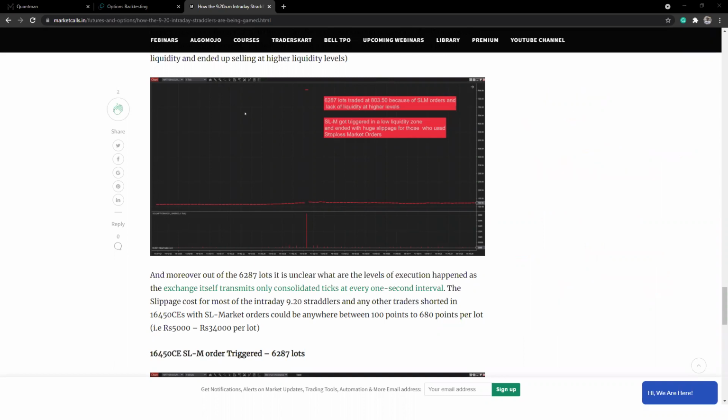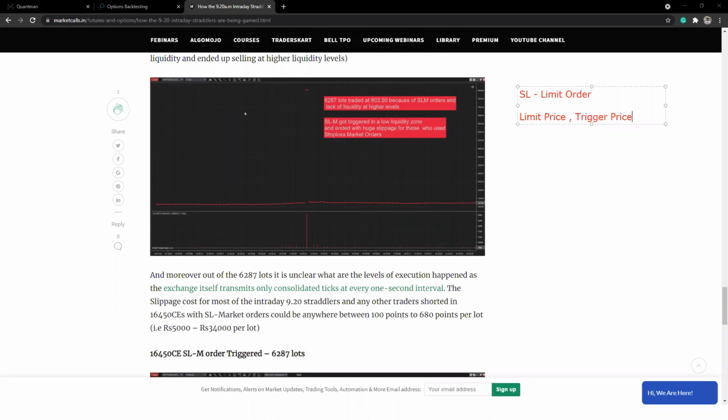Imagine I have the same example, but I'm going to explain it with an SL limit order. Here we have two prices: one is the limit price, another is the trigger price. Listen very carefully. In an SL market order, we have only the trigger price. Touch the trigger price, and no matter what, it will execute at whatever the buyers are.